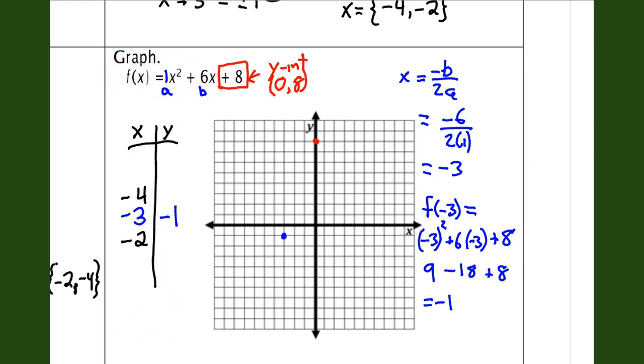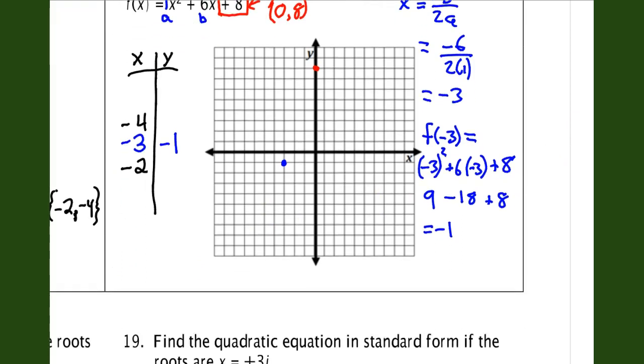All right, so if we went through and did this process several more times, so find f of negative 2, that's going to be negative 2 squared plus 6 times negative 2 and plus 8. So we'll have 4 minus 12 plus 8.